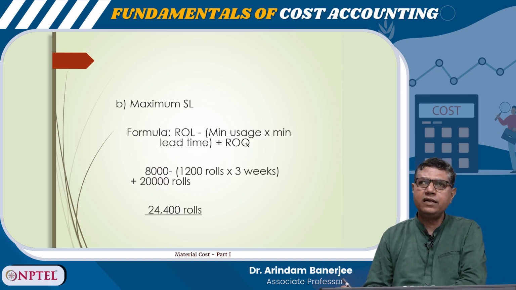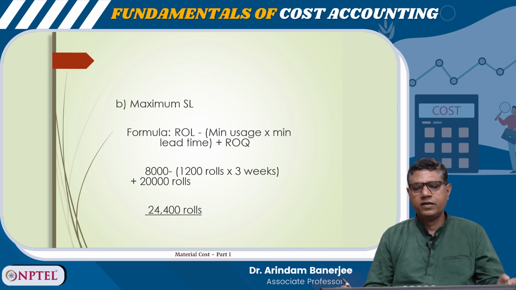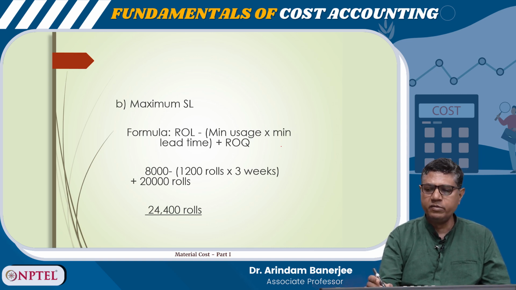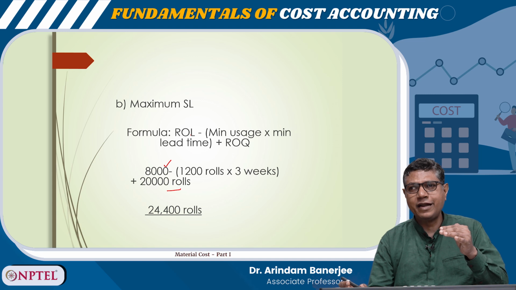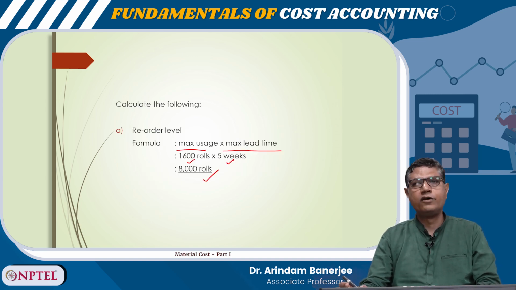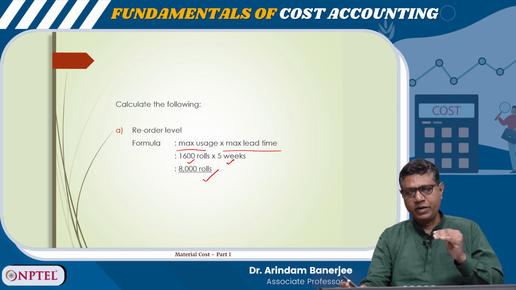Maximum stock level, so how much maximum should he keep? The formula is ROL minus minimum usage into minimum lead time plus ROQ. The reorder quantity is already given in the question, that is 20,000 rolls. The reorder level we have already calculated is 8,000 rolls, that means when the stock reaches 8,000 rolls, he will place a new order.